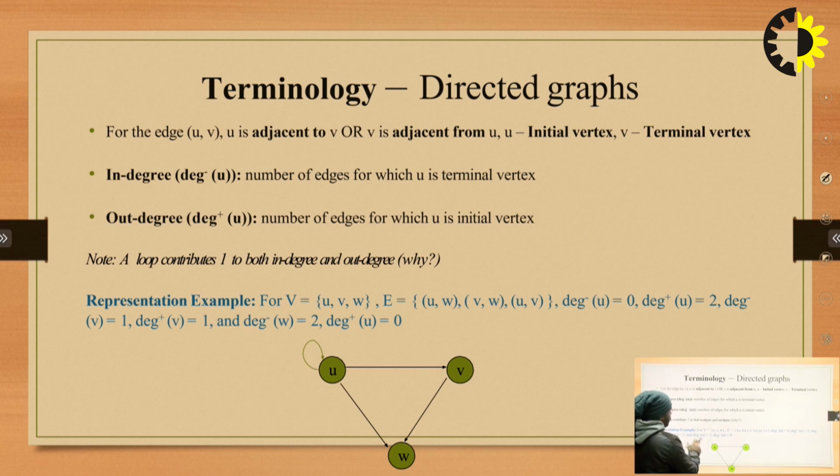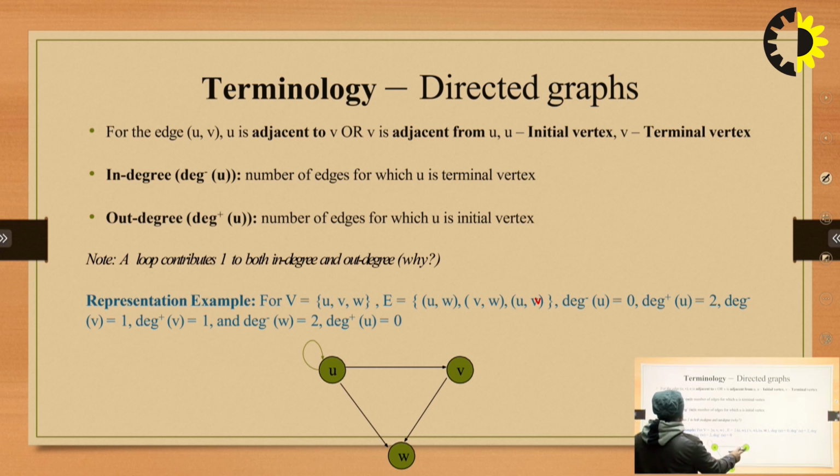Okay. For this graph, with vertices U, V and W, the edges given are U to V, V to W, U to V and U to W. Now the degree of U: in degree is 0 and out degree is 2.